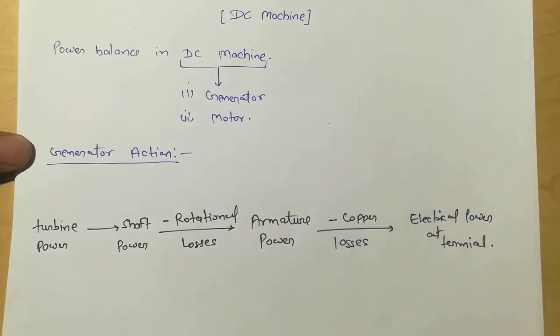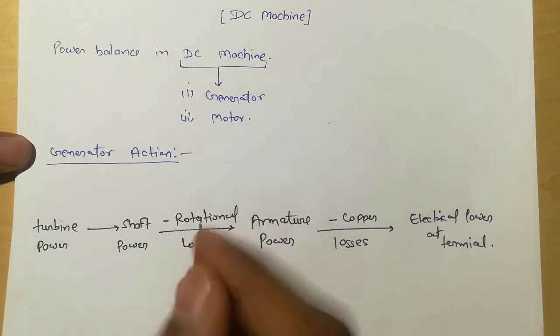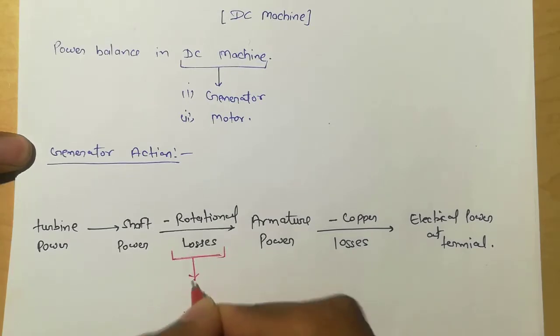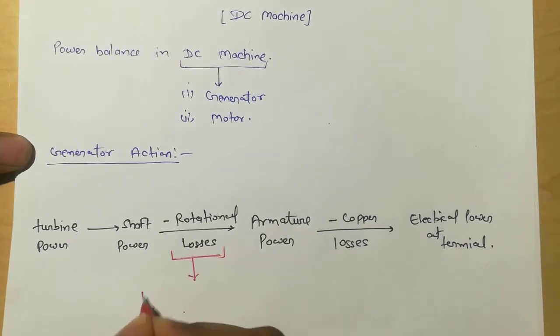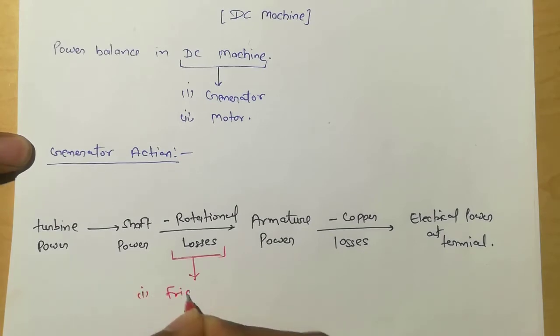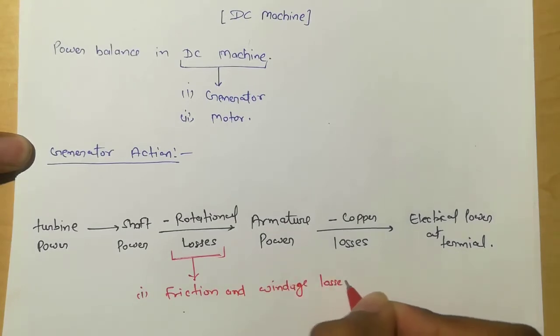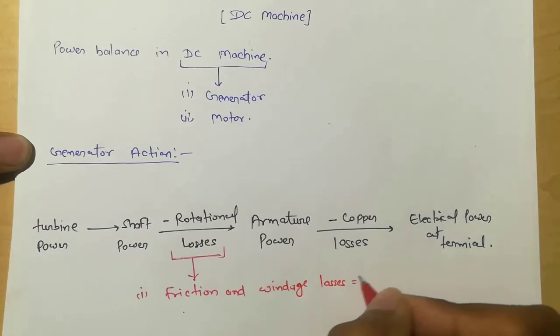So this is the generator action, or we can say the power balance in DC machine. Now the important point is the rotational losses, which have three types. The first is friction and windage losses, denoted by PFW.